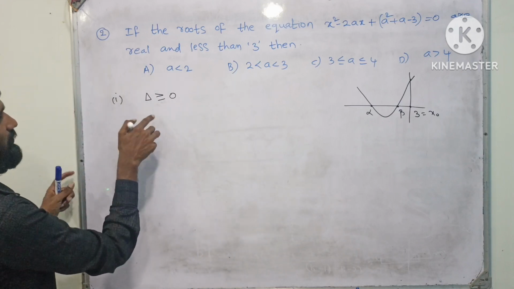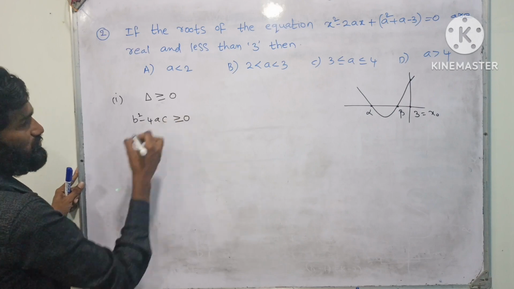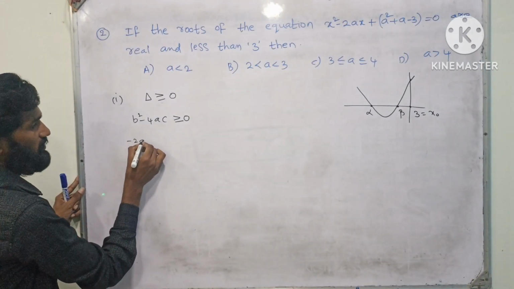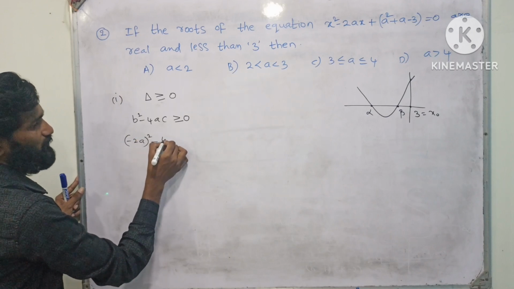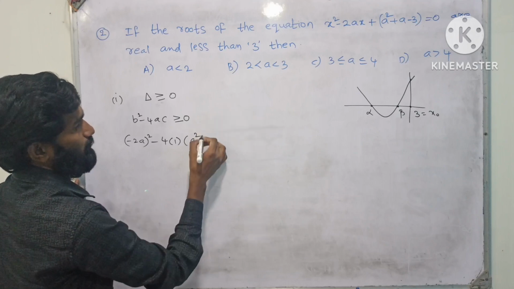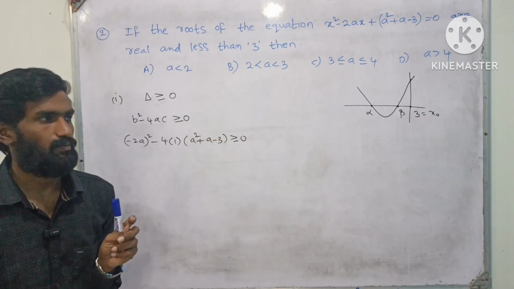Now, what is the discriminant? We already know it is b square minus 4ac greater than or equal to 0. What is b here? b is minus 2a. So, minus 2a whole square minus 4 into a value, which is 1, and the c value is a square plus a minus 3, which is greater than or equal to 0.